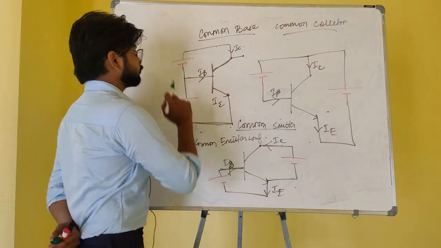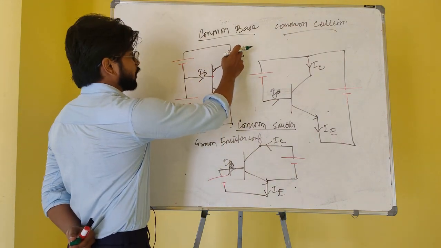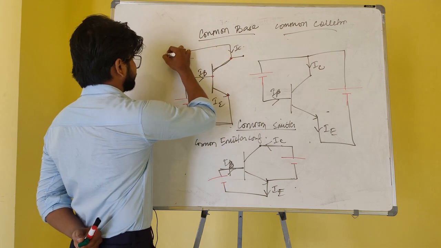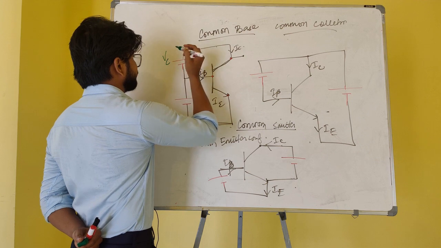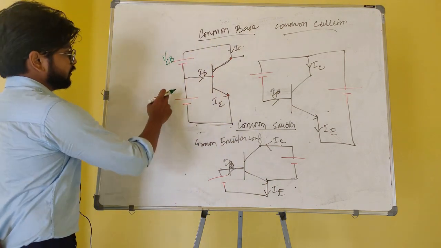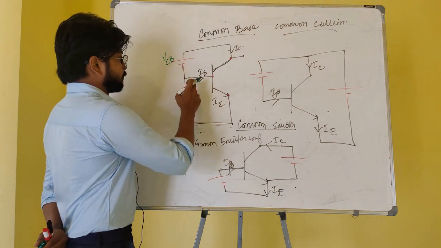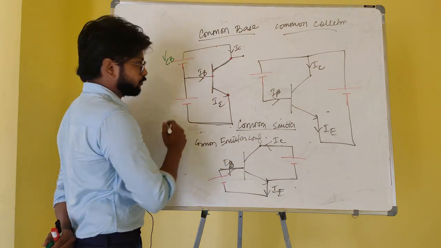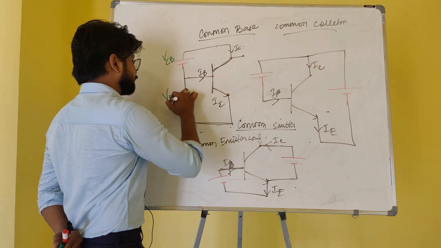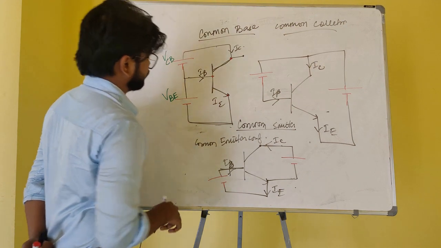This voltage source is connected from the collector to the base, C and B. Therefore, this will be named VCB. And here it is connected from base to emitter, so this will be named VBE.